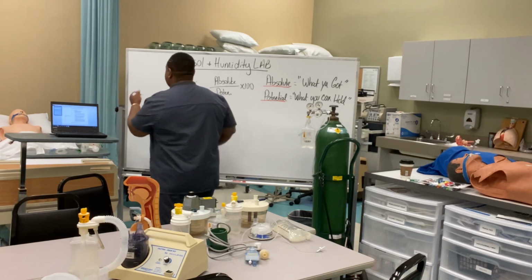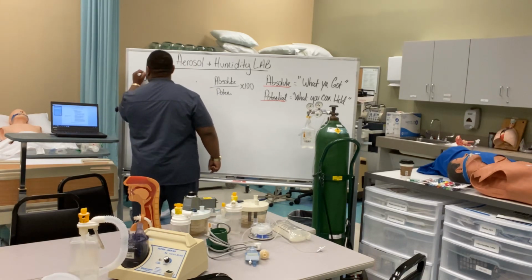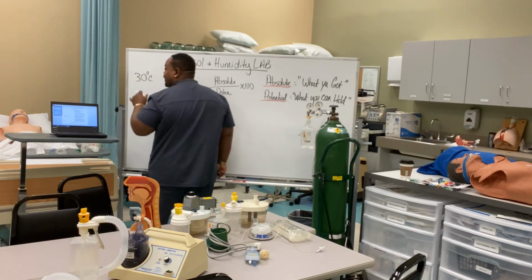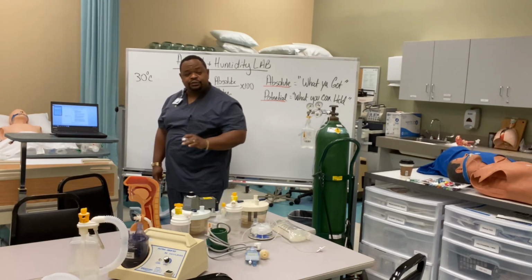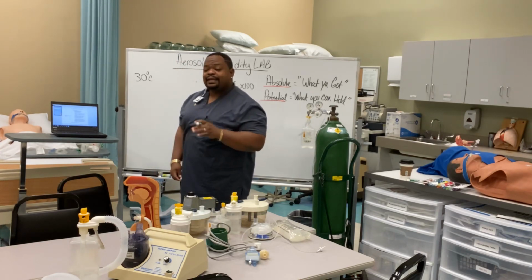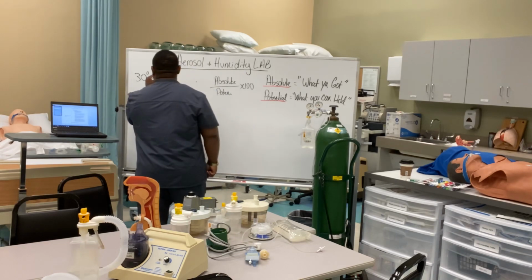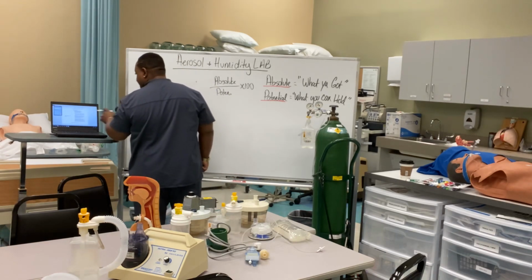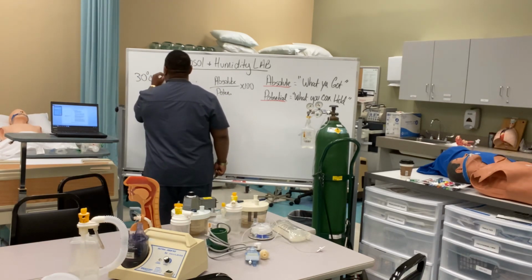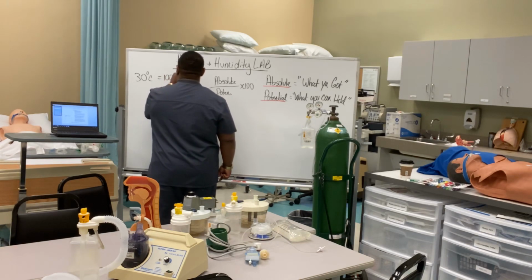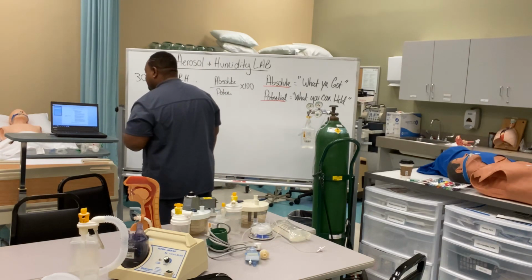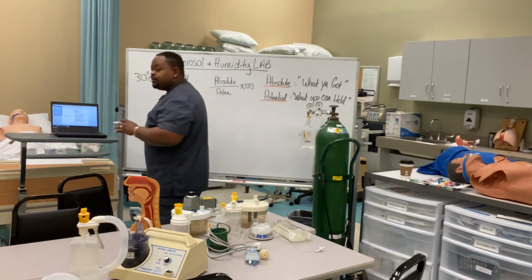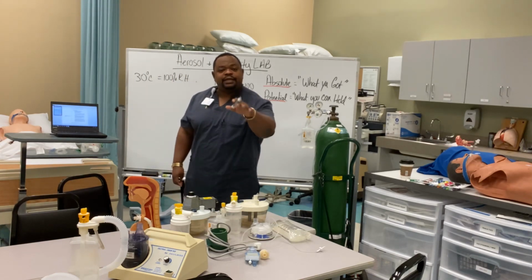So they're saying at 30 degrees Celsius, the humidifier that you're using can put out 100% relative humidity. But if the temperature increases, then the relative humidity will decrease.